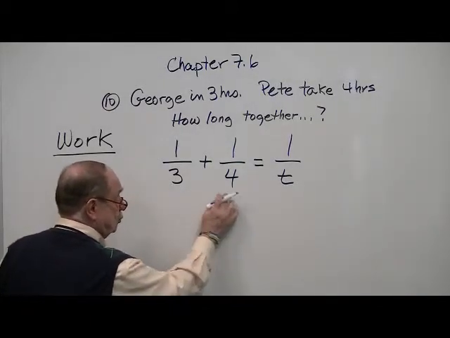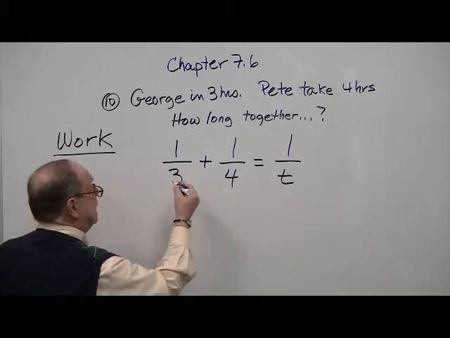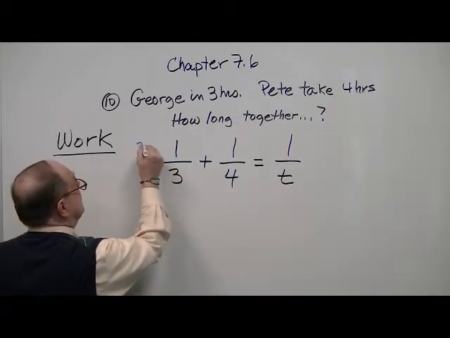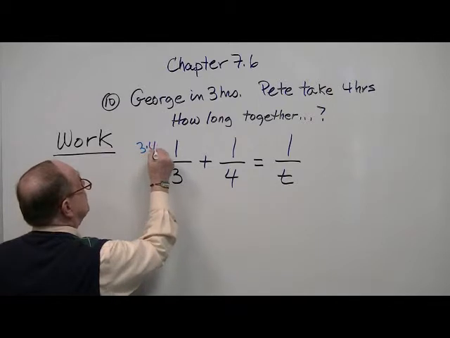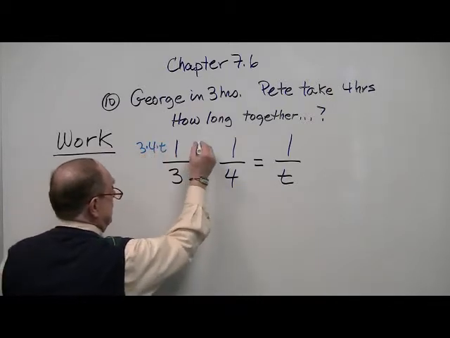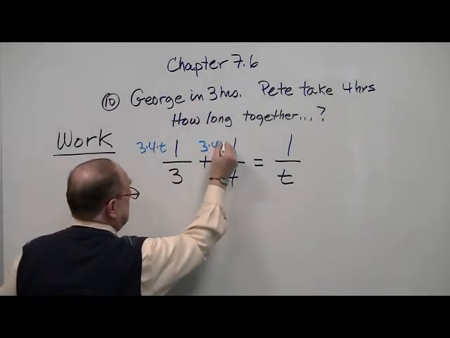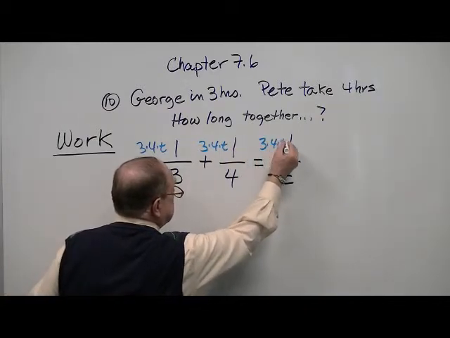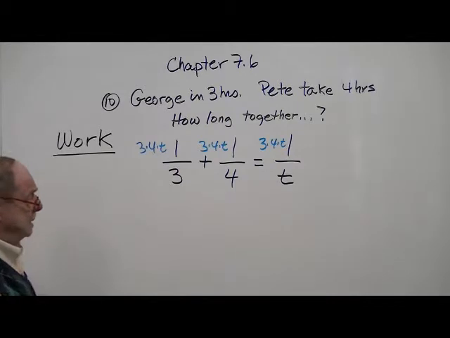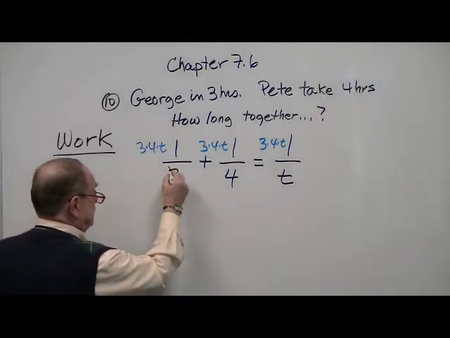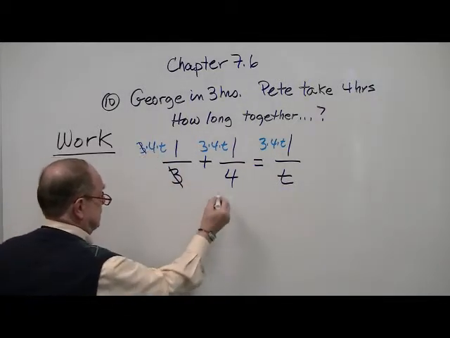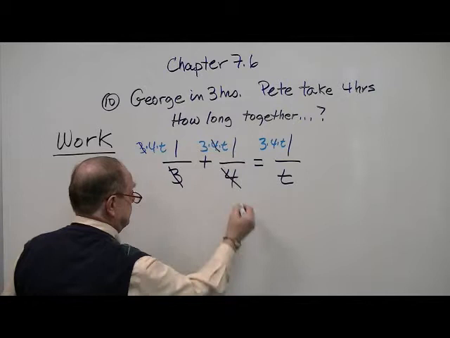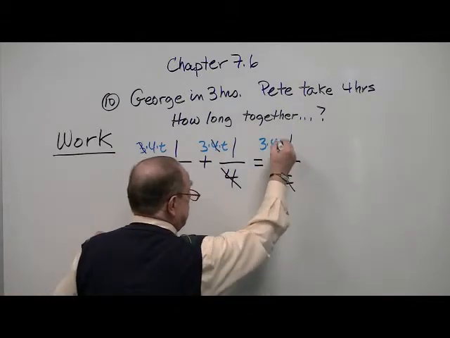And I could say 12t, but I'm going to say 3 times 4 times t, 3 times 4 times t, 3 times 4 times t. And you'll see why, because now the 3's cancel out, the 4's cancel out, and the t's cancel out.